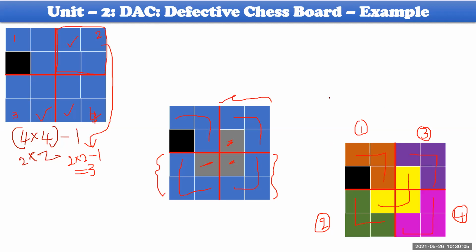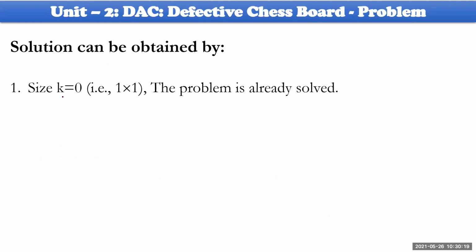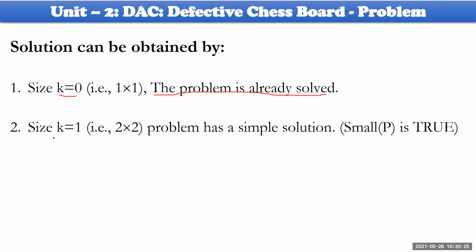Then let me continue with the next slide. So 4x4 is over. Then what about 8x8? The solution can be obtained if k equals 0, so the problem is already solved, as we have seen in the previous slides. If k equals 1, the problem is very simple, that is, 2 to the power k is 2, so that one triomino can be used.